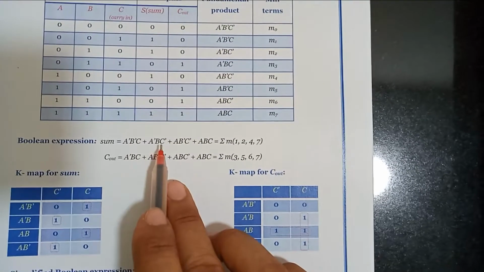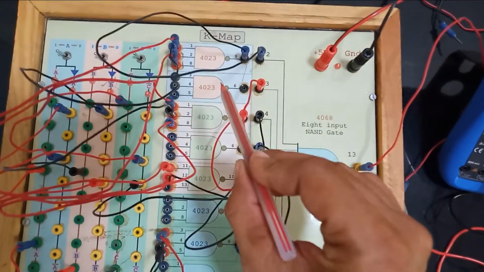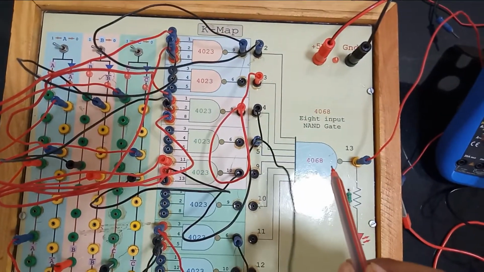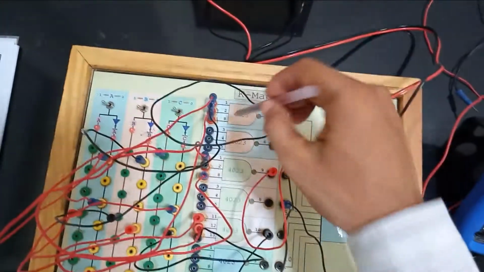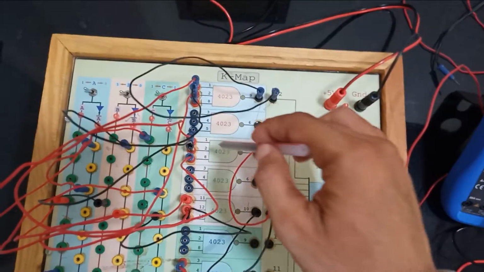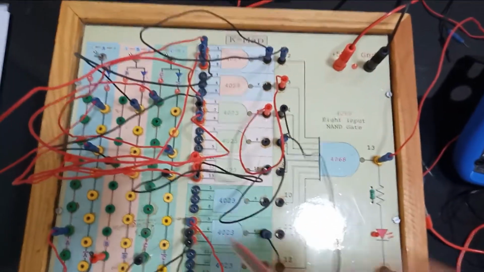You can see how many terms there are: 1, 2, 3, 4 terms. This circuit is made up of NAND gates. This is a NAND gate, this is also a NAND gate. So 4 min terms were there, so I have used 4 NAND gates: this is the 1, the 2, the 3, and the 4.